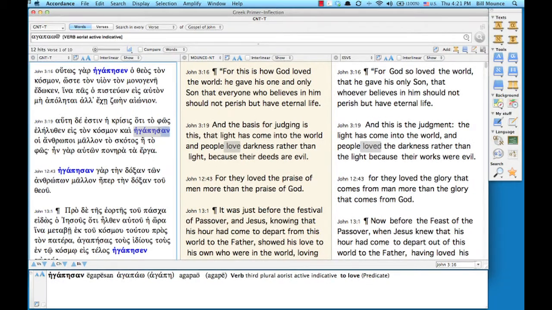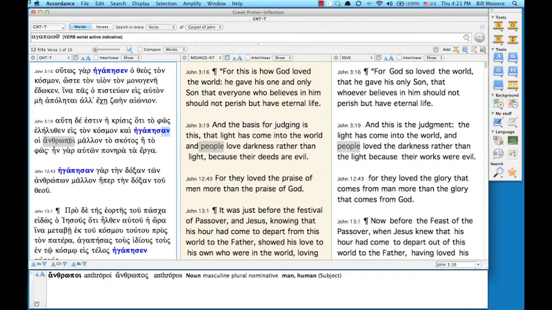So what you're looking for is a word in the nominative that is third plural, and that would be anthropoi. Now, kosmon, for example, couldn't be the subject because it's singular and it's not nominative, but anthropoi is plural and nominative, so it's the subject of the verb agapesan, so that the people loved darkness rather than light.